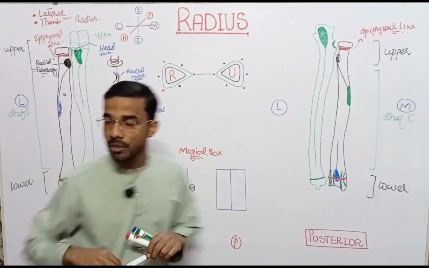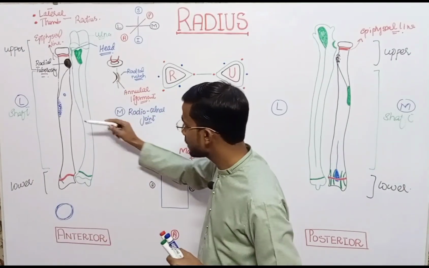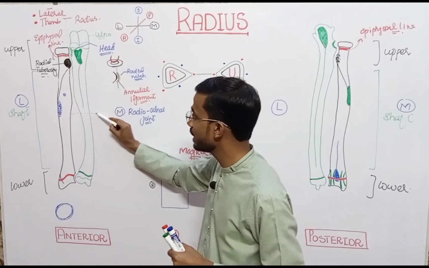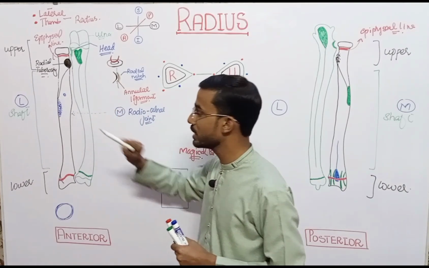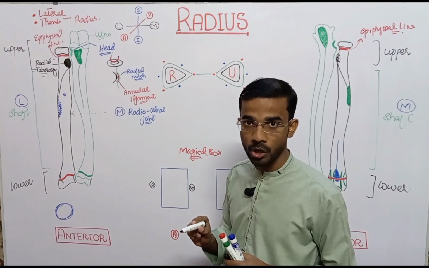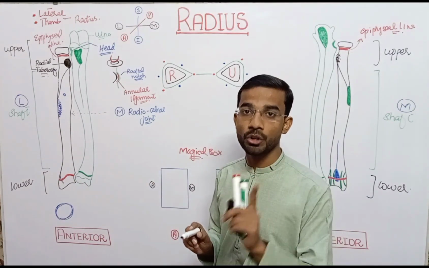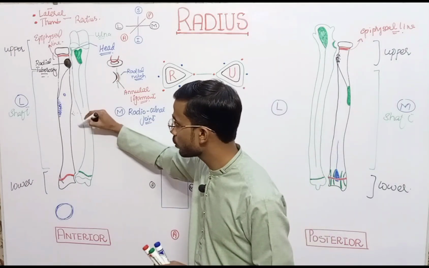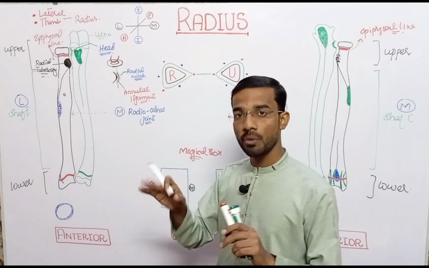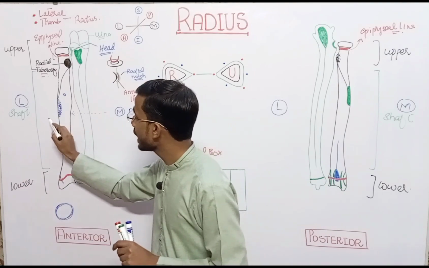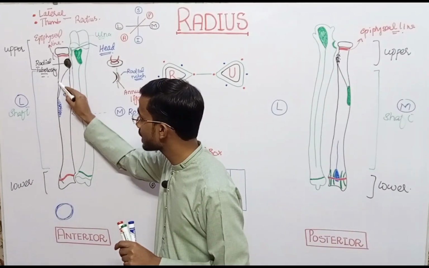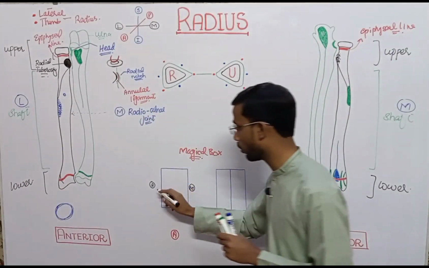The border present at the medial side is the medial border, which you can also call the interosseous border, because the interosseous ligament is present between. We will discuss it later. Next, this border is present at the lateral side. This is the anterior border.